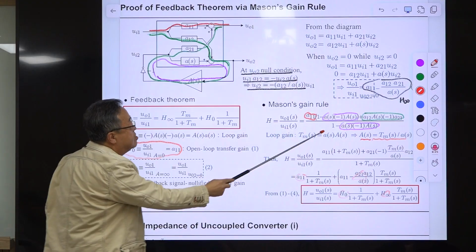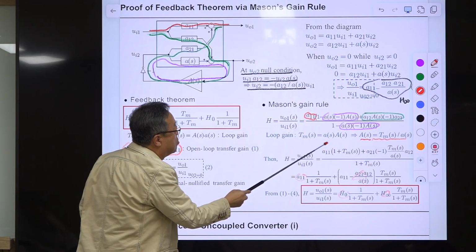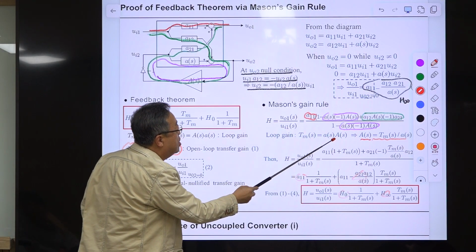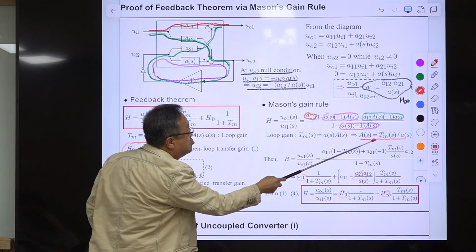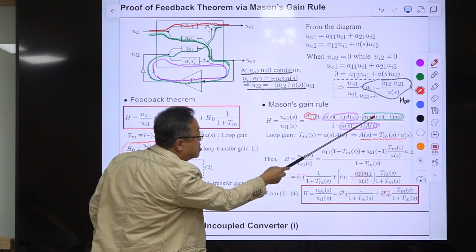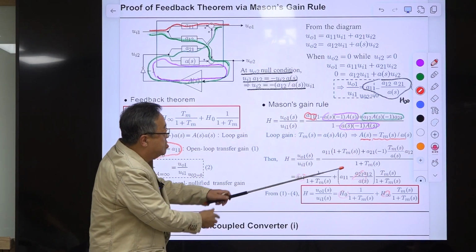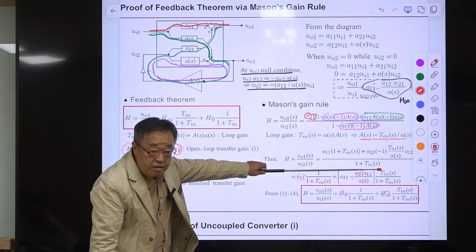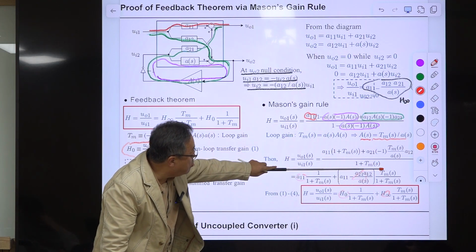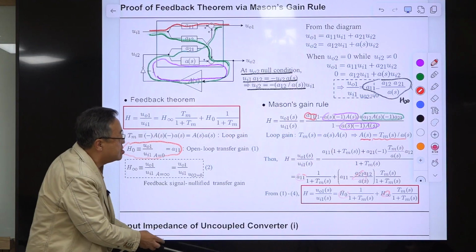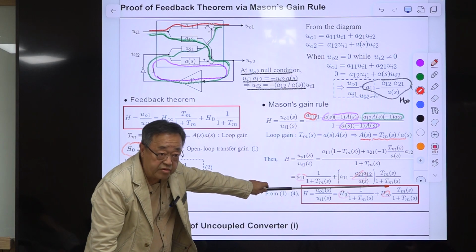Here this is defined as the loop gain. So the loop gain is this one. Then AS is the loop gain divided by A. So you replace AS with this one. The equation is this one. You just replace the AS with this one, and you rearrange this. Then this is the final form.